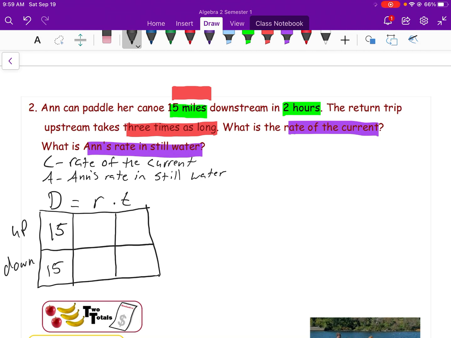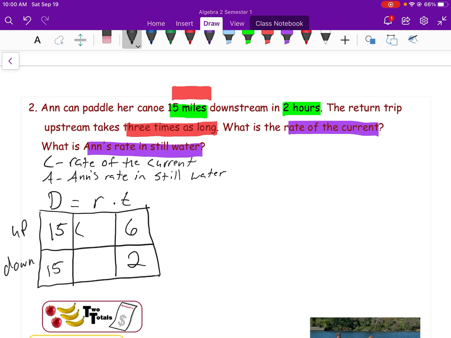And then we also are given the times. Anne can paddle her canoe 15 miles downstream in 2 hours. On the return trip upstream, it's 3 times as long, so 3 times 2 hours, we get 6 hours. Now, when we're talking about rate, this is where it's kind of tricky. If any of you have ever gone canoeing or kayaking, when you are going upstream, you're working against the current.